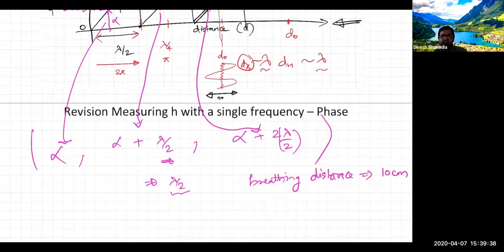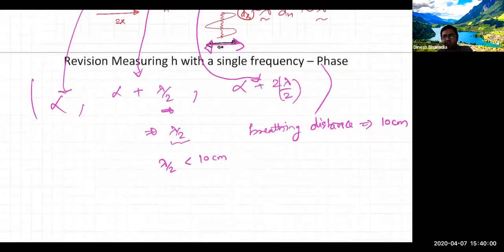So what we are saying is that if we can capture this entire wavelength of breathing into one wave, that would be ideal for us. So we are going to confine lambda by 2 to be less than 10 centimeters. Everyone clear on this part?